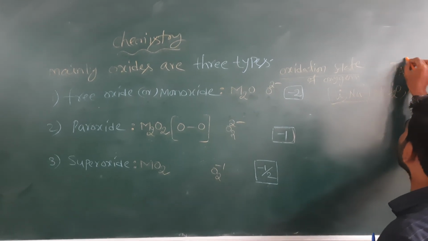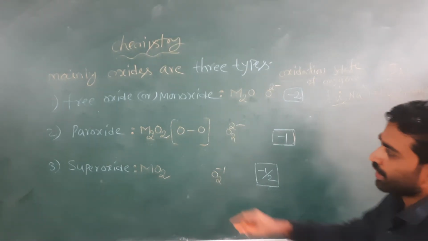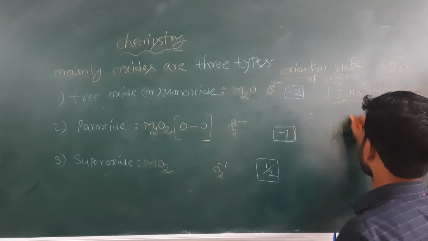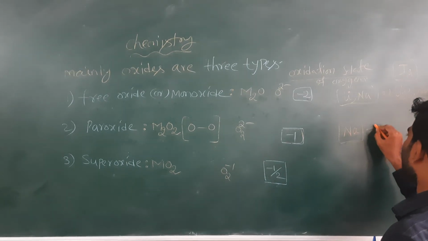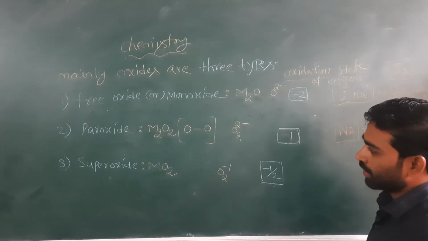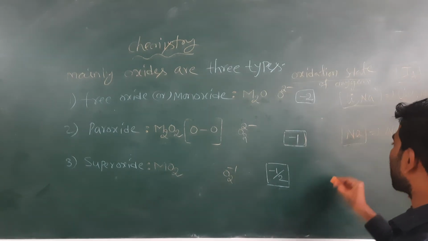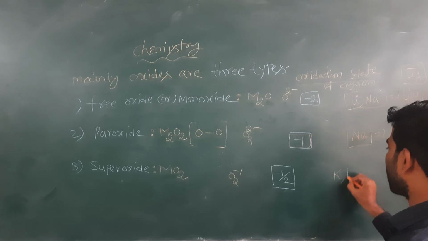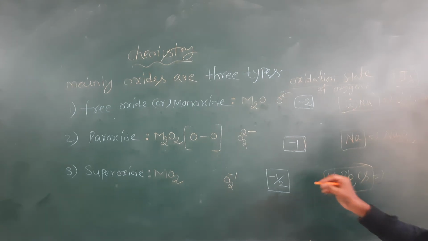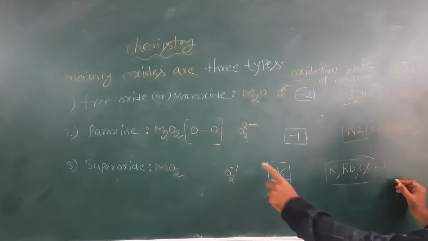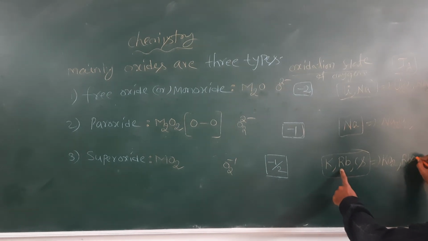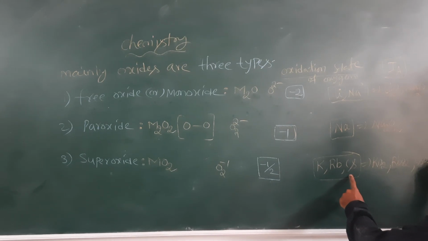These belong to the alkali elements, the first A group. In the case of peroxides, only sodium gives peroxides of the M2O2 type, for example Na2O2. In the case of superoxides, the remaining first A group elements, potassium, rubidium and cesium, give superoxides of the MO2 kind: KO2, RbO2 and CsO2.